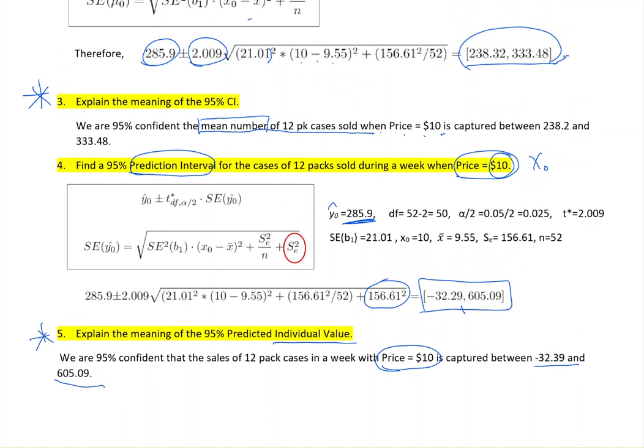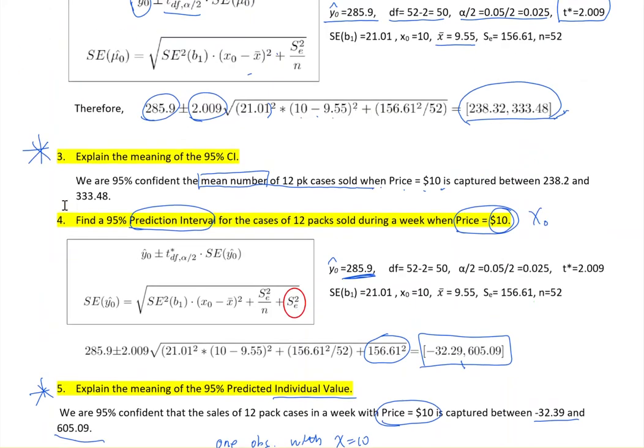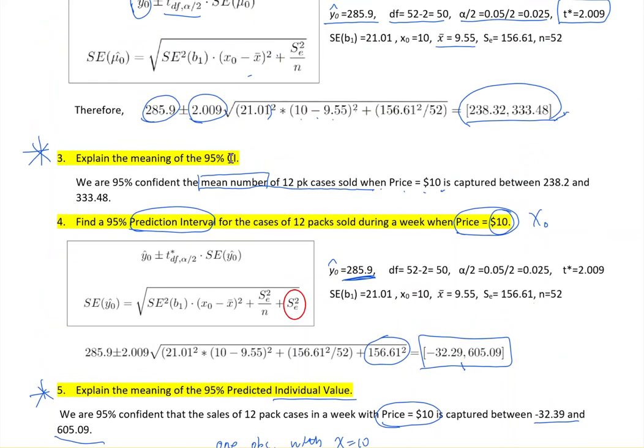Right, so here that means you only have one individual value, so that means for just one observation, that's with x equals 10, what is the predicted value of y? But for this confidence interval, that means for all observations with x equals 10, what is the mean value of y hat?